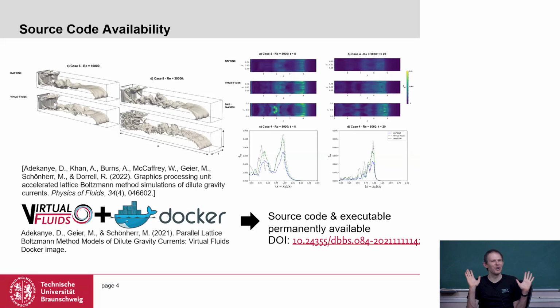That's the hope. We don't know. Let's see. So for example, this Docker image here that was in that particular paper, you can download and reconstruct whether you can reproduce these gravity flows that we have been simulating with it.